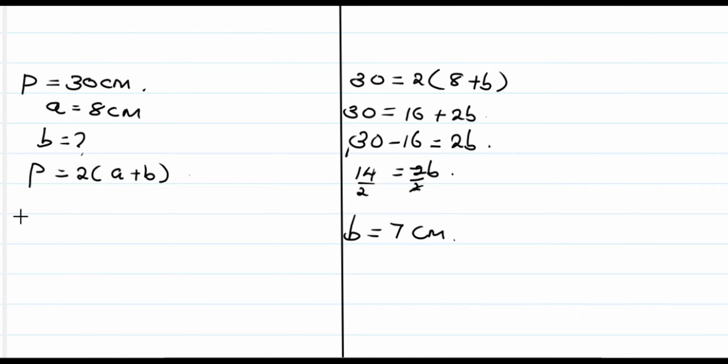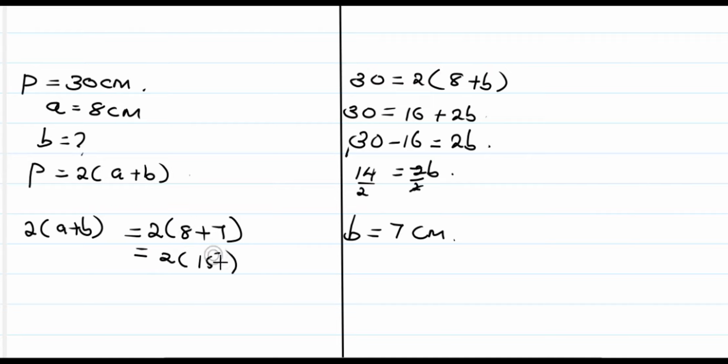And if you take 7 centimeters as B, and we say the formula is twice into A plus B, let's see, twice into A which was 8 plus B, which is now 7, we see if we get our total perimeter as 30. So here, 8 plus 7 is 15, and then 2 multiplied by 15 is 30 centimeters, which is our original perimeter.